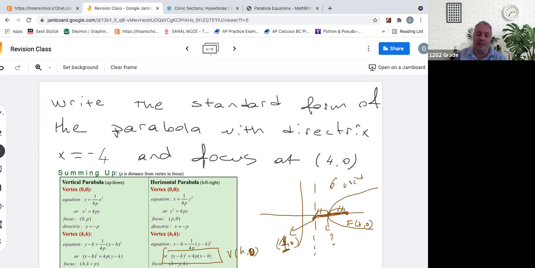So this will be 3, this will be 3. From 1 to 3 it will be 4. So the vertex is 4, 0, which is h, k.